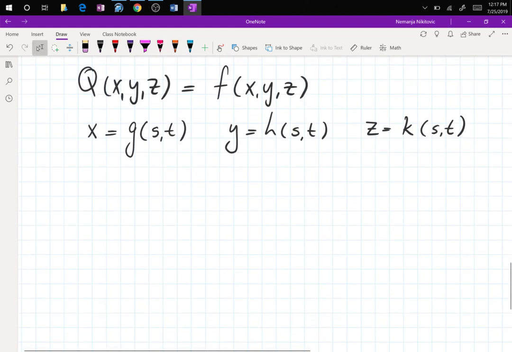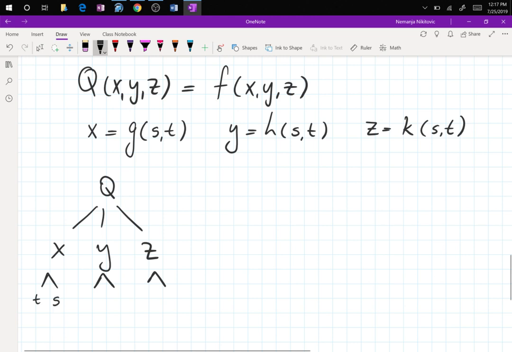So when you draw this diagram, you have a function q on top, and then you have the location x, y, and z. But now x, y, and z, all three of those, are dependent on two parameters, which is time and arc length.